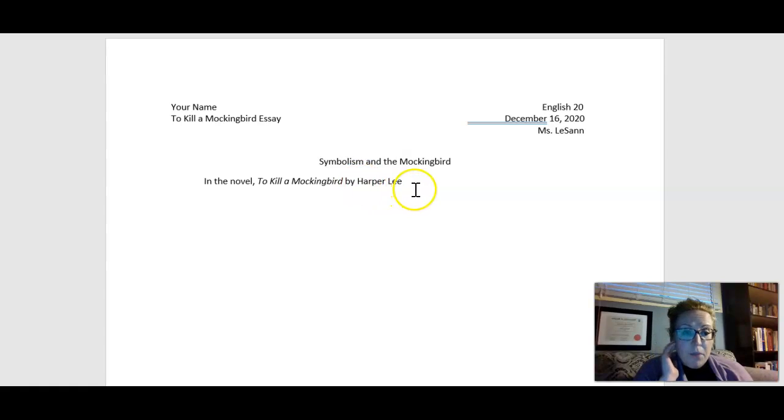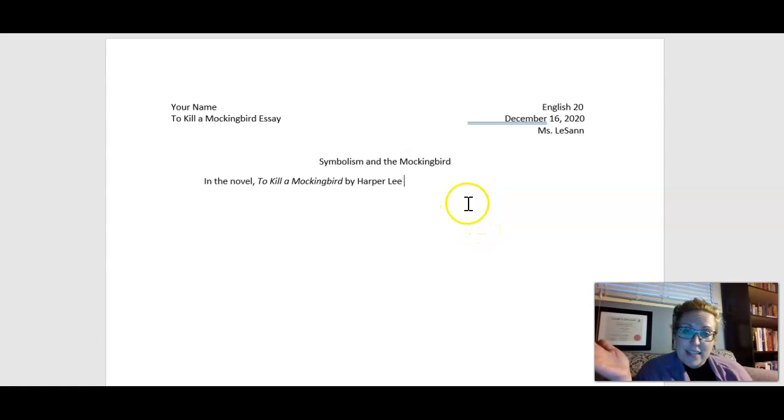You need to have Harper Lee, the full name, if you're going to follow the rest of the rules I have for you when it comes to quoting different things from the novel. So we need to state the name of it and we need to have her full name there.